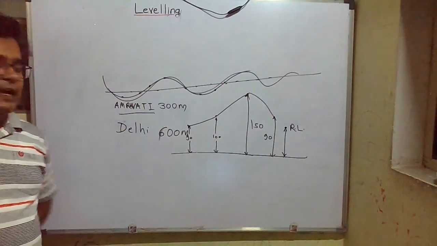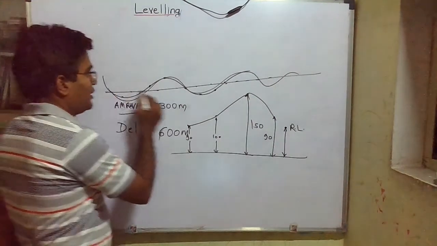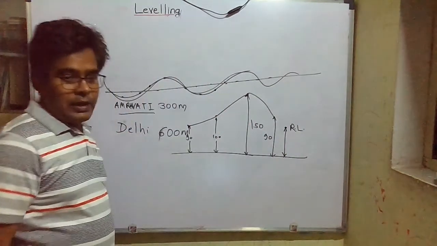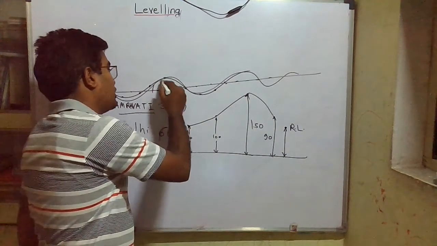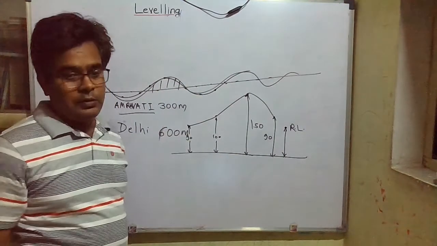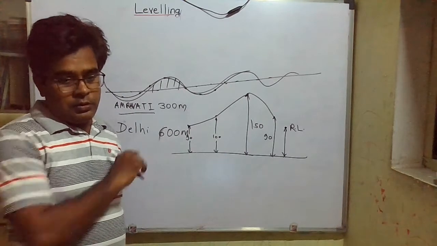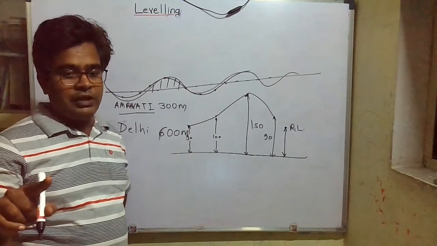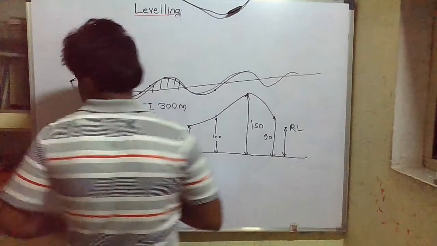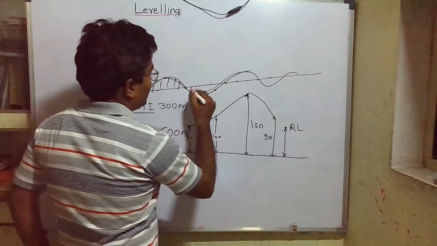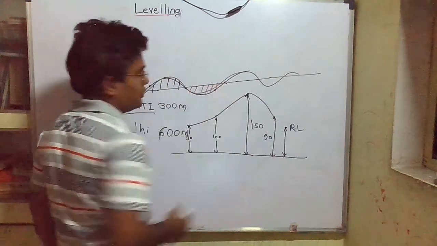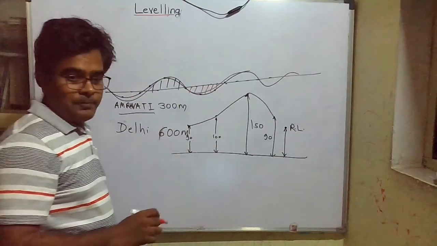So what do we decide? We can decide one level of the road, and then find out the portion which is above the surface we have assumed for our road, and the portion which is below our assumed level.